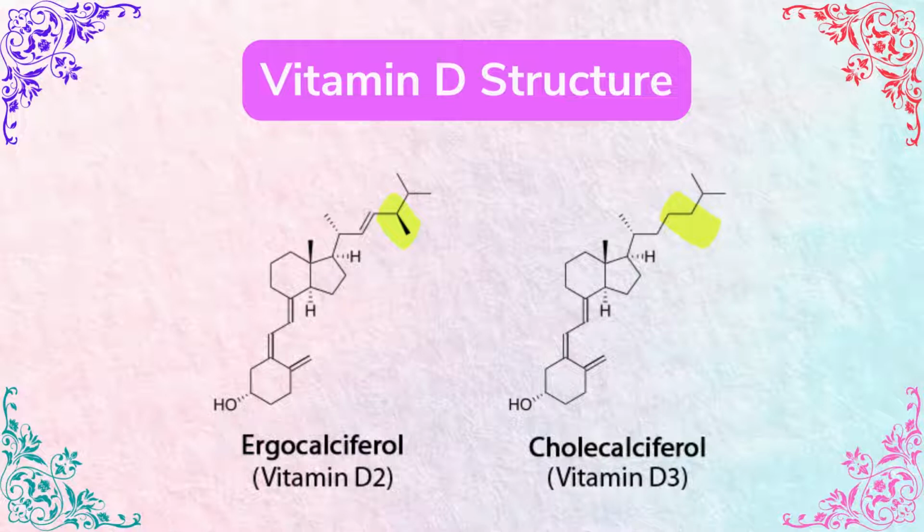There's a CH3 group in the vitamin D2 structure, which is highlighted, and in vitamin D3 there's no CH3 group. There is also a double bond just beside the CH3 group in the vitamin D2 structure, but there's no double bond in the vitamin D3 structure. So this is the difference between vitamin D2 and D3. Let's move on to the next slide to talk about the sources of vitamin D.